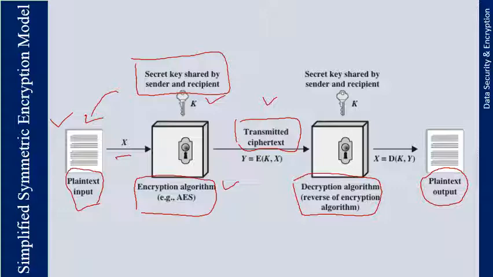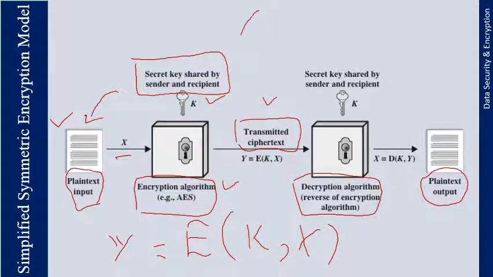So we have a transmitted cipher text represented as Y. We represent that it is a combination of an algorithm E performed on some key and an input value X. Similarly, if you decrypt the message, you get the exact input that was sent by the sender, by applying a decryption algorithm using the same key on the encrypted message.